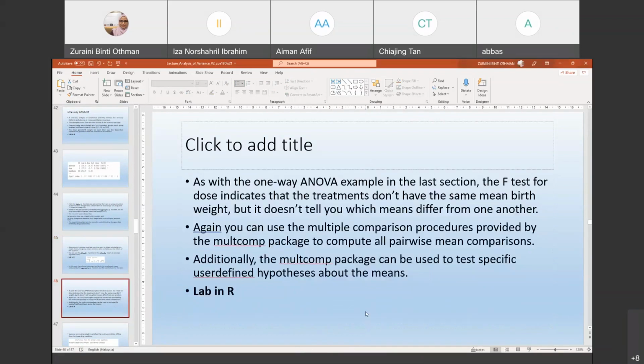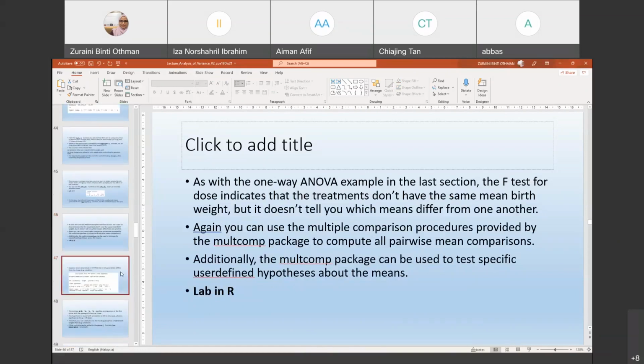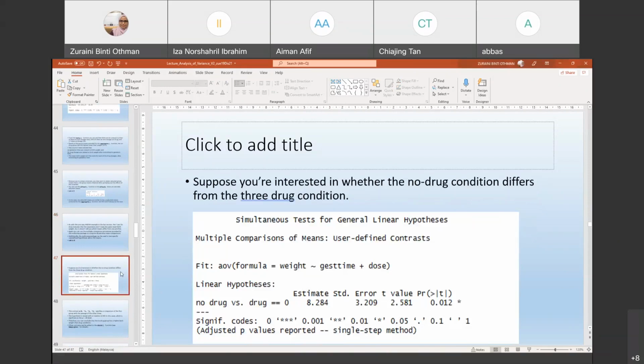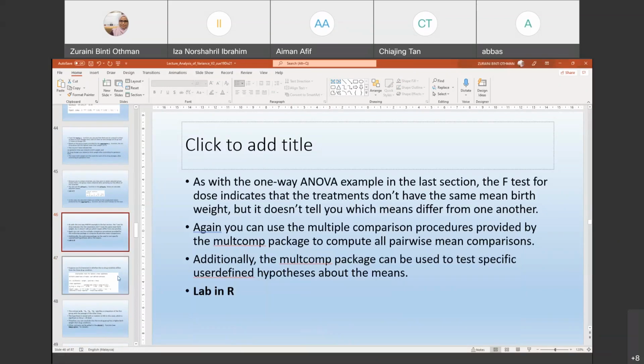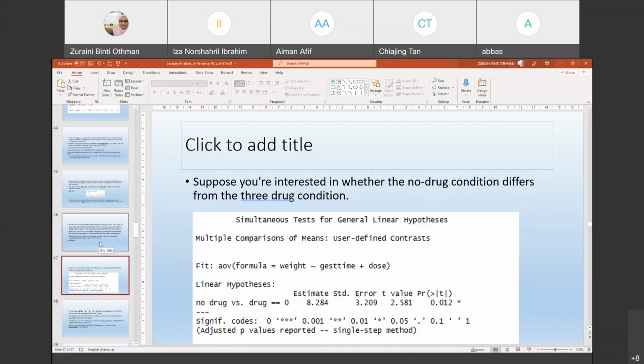Then this is the one-way Anova example. This is what we did just now. Test specific user-defined hypotheses about the mean. Maybe you want to check whether the no drug condition differs from the 3 drug conditions.